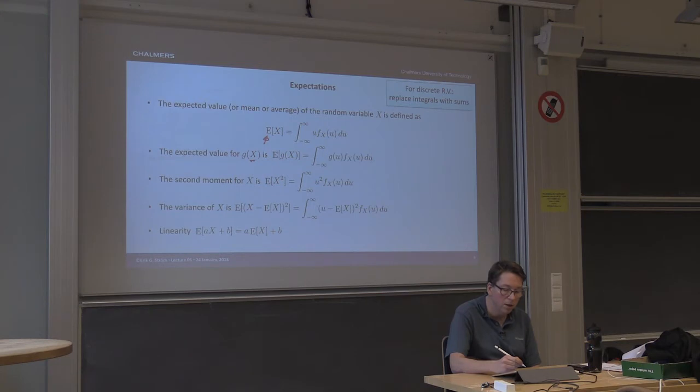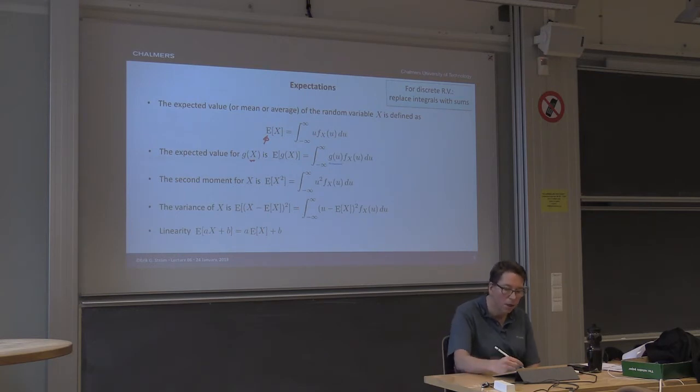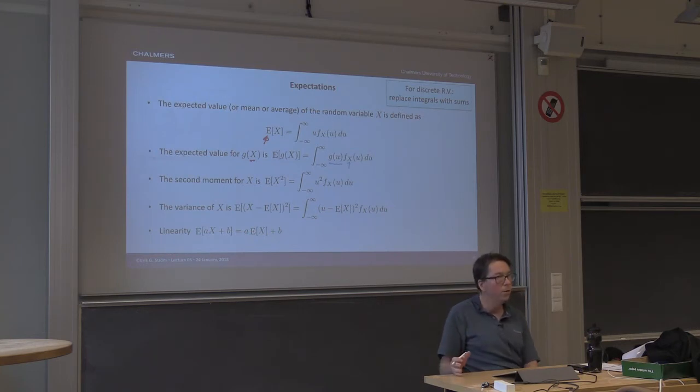The difference now is that instead of putting in u, which multiplies the PDF, it is now g of u, the function of the random variable. Otherwise, we still have the PDF of x, not the PDF of g of x. So this is very, very convenient.